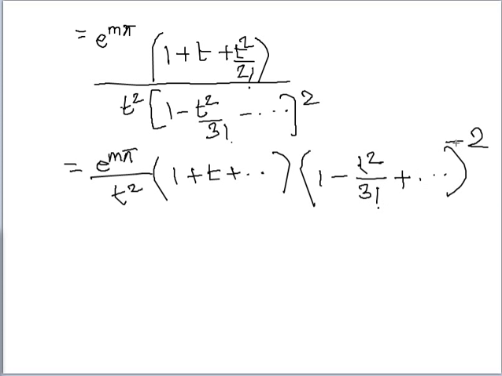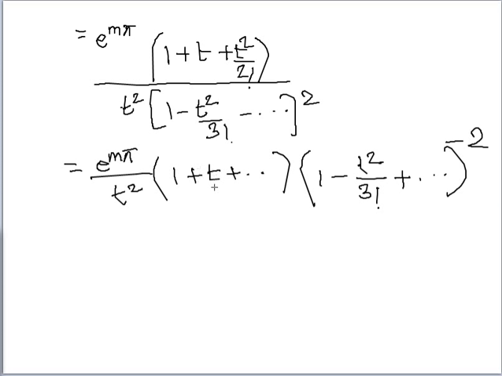Clear? Now when we multiply it, we need the coefficient of 1 by t. So the coefficient of 1 by t is given by the first term: 1 times 1 gives 1, no coefficient of t.